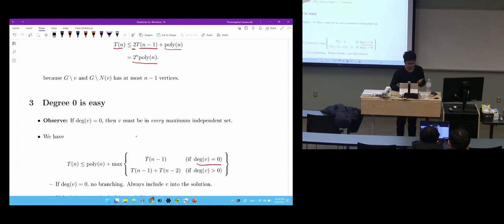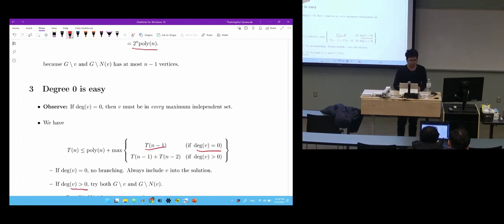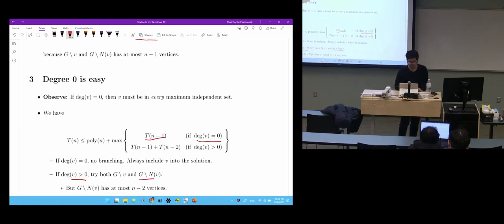There's just one case. But if the degree of V is more than 0, then now you need to try both cases. But now one of these cases, which is G minus N(V), must have at most n minus 2 vertices, because you must delete your neighbor too. So now in this case, the running time looks like this.